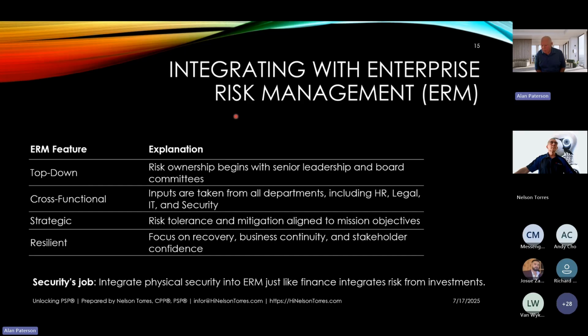Cross-functional approach would be inputs are taken from all departments, including HR, legal, IT, and security. And the strategic approach would be risk tolerance and mitigation aligned to mission objectives. And the resilient approach focuses on recovery, business continuity, and stakeholder confidence.